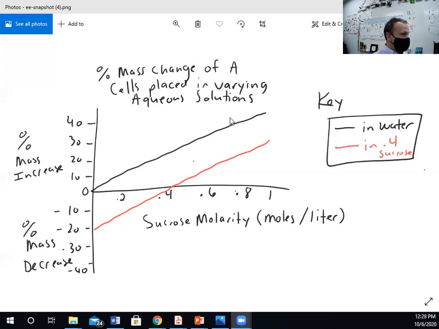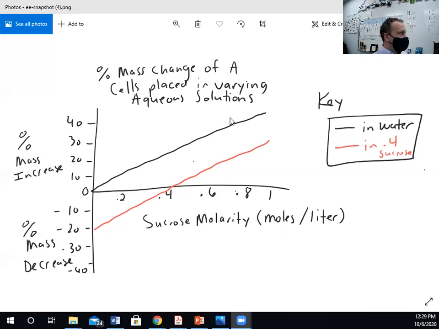Before, the constant was the solution on the outside. Now the constant's the potato cells that we're studying. And we take those potato cells and we put them in different concentrations of solutions like we had before inside the bag, but now those cells are surrounded with either 0, 0.2, 0.4, 0.6, 0.8, or 1.